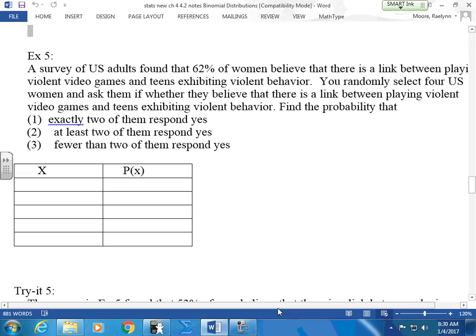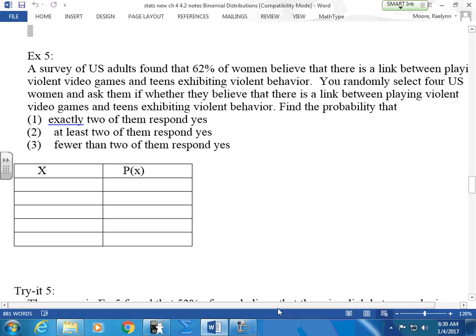So, most of the times you're getting good data to work with. You randomly select 4 U.S. women and you ask them whether they believe there's a link between playing violent video games and teens exhibiting violent behavior. You want to find the probability that exactly 2 of them said yes, at least 2, fewer than 2. So we're going to start building your table.